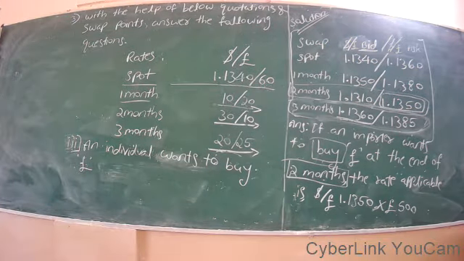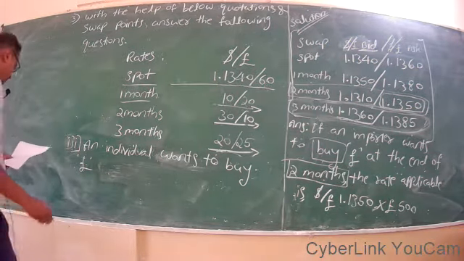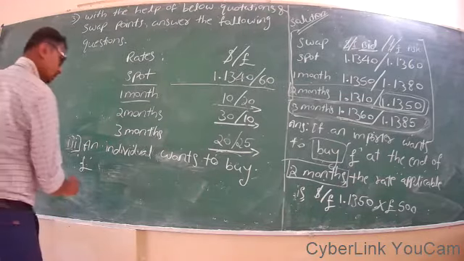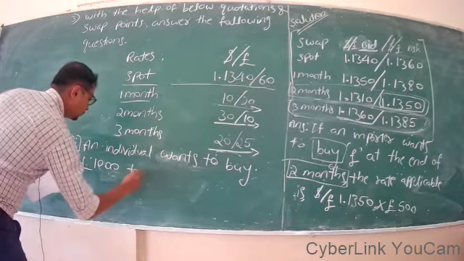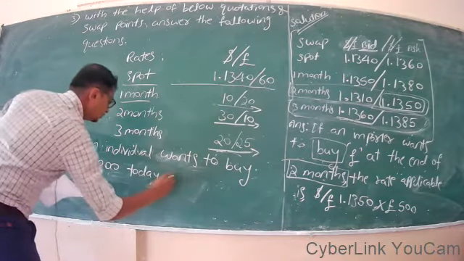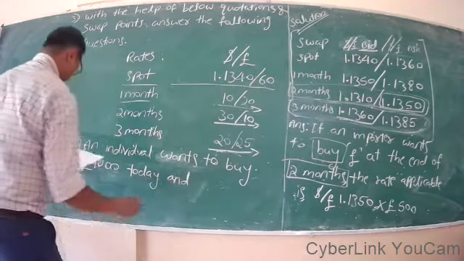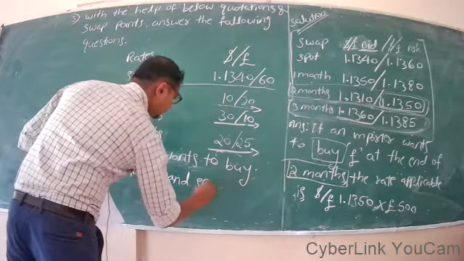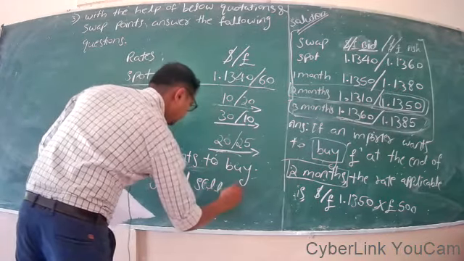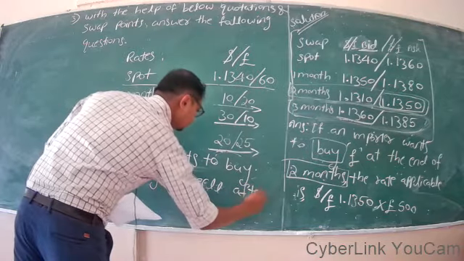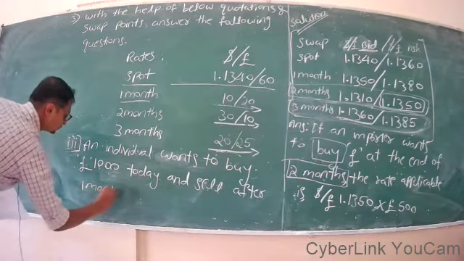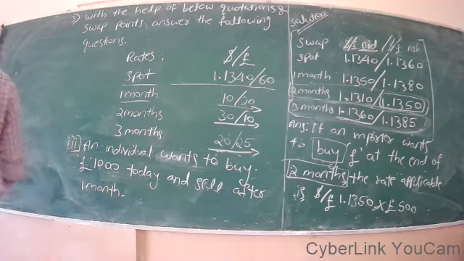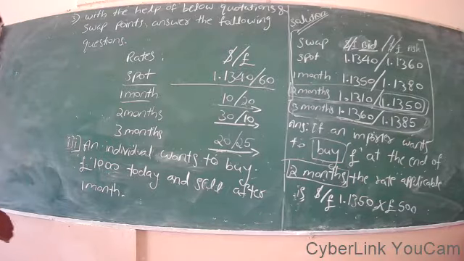The question is, an individual wants to buy 1000 sterling pounds today and he wants to sell that sterling pound after 1 month. Quite different to other questions.